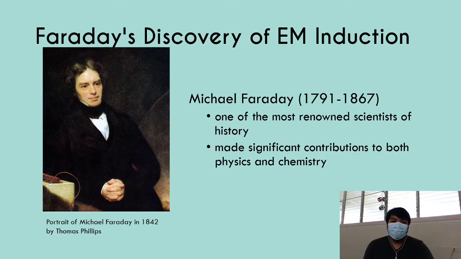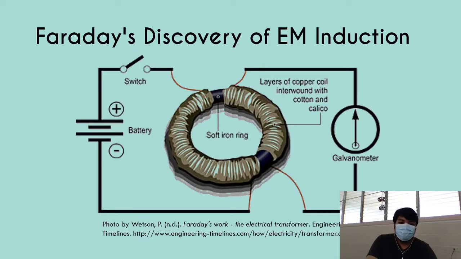Now, how did he discover electromagnetic induction? What we've shown here is an illustration of his original experiment. In his original experiment, his purpose was just to determine the magnetic field created by the iron ring.